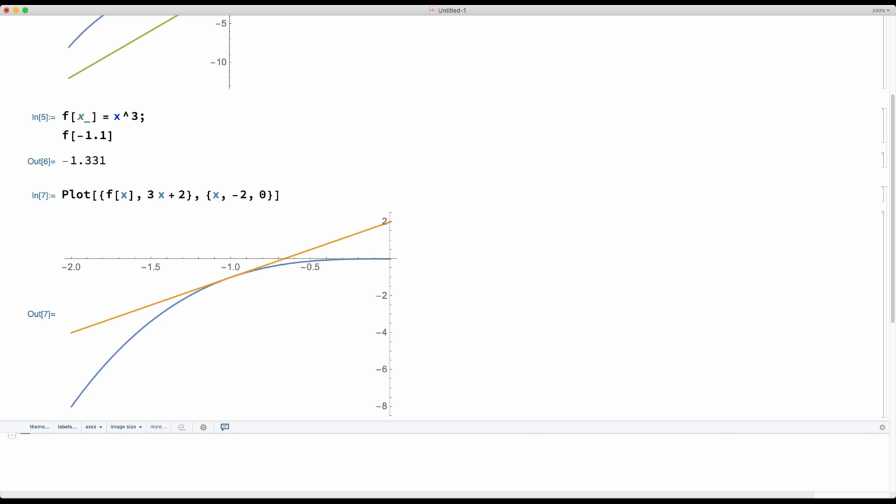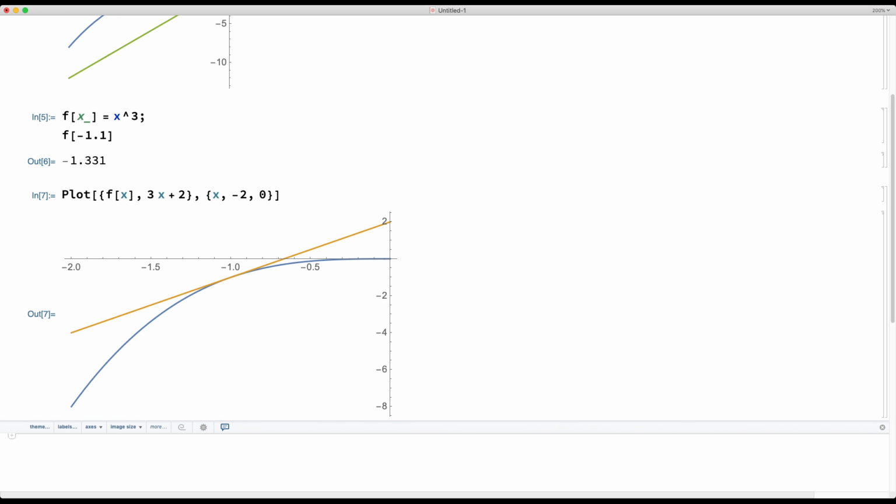When I'm really close to the point of tangency, is there a huge difference between the orange line and the blue curve? Like, are they really close to each other? Yeah. The further I get away from negative 1, the further and further they drift apart.